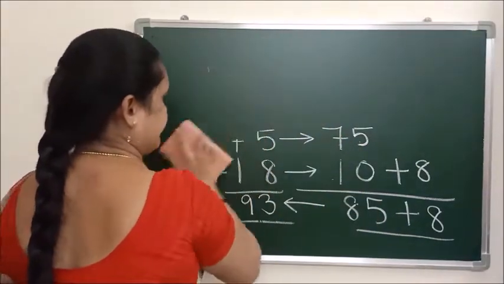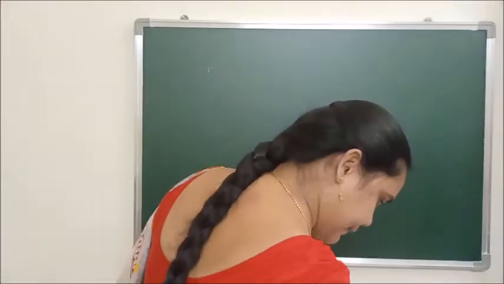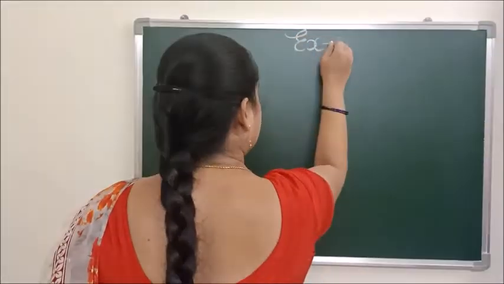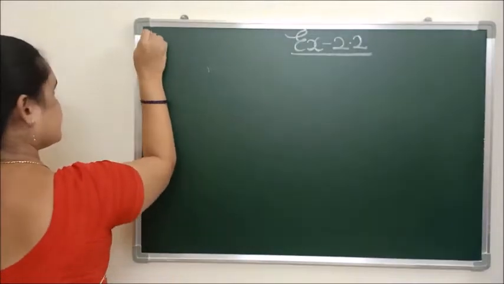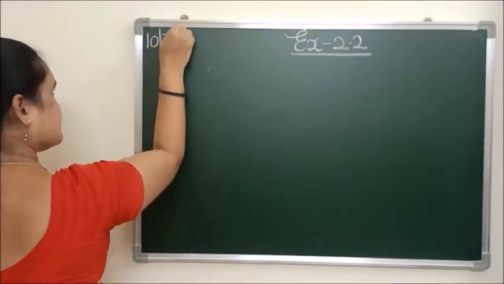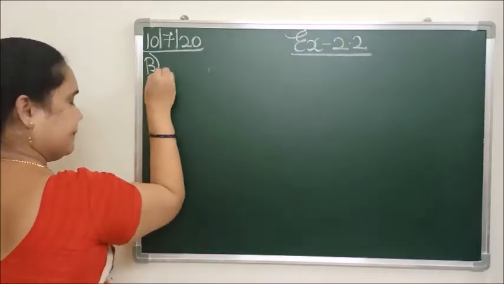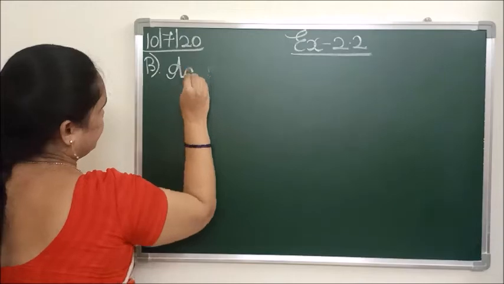Now, everyone open your maths textbook, page number 26, children. What is the page number? 26. Exercise B. Add by expanding the smaller number.